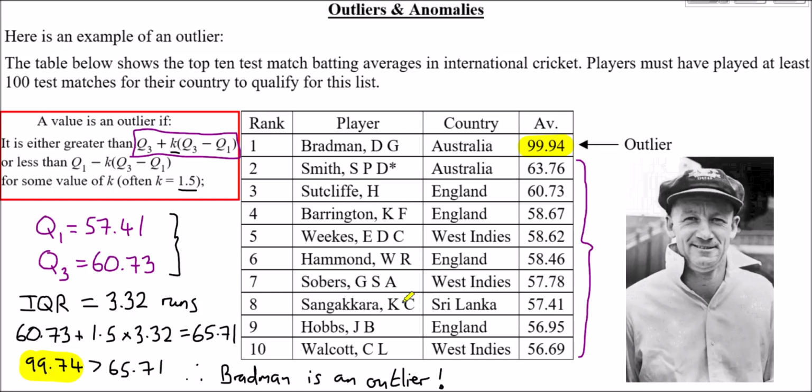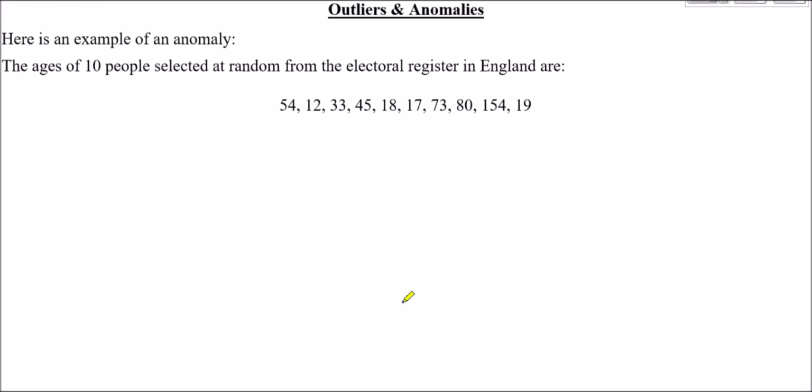So let's now have a look at some more examples. Here's another example of an anomaly. So this isn't an outlier. An outlier is something that is genuine. For example, Mr. Bradman, he did exist, and his average was completely extreme. An anomaly is essentially a mistake. So this here is 10 people selected at random from the electoral register in England.